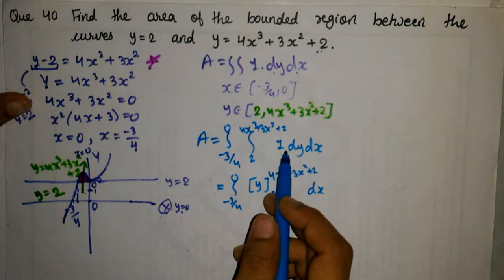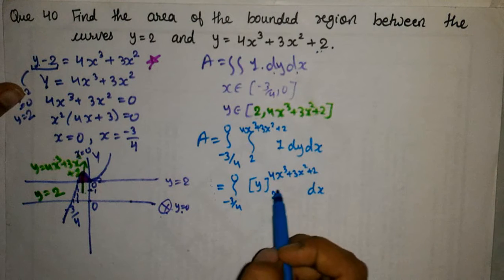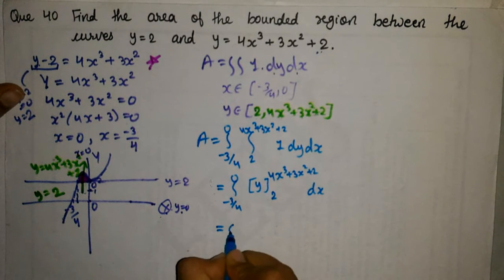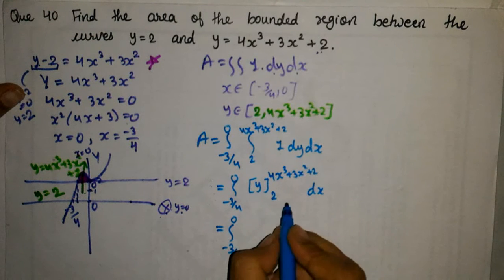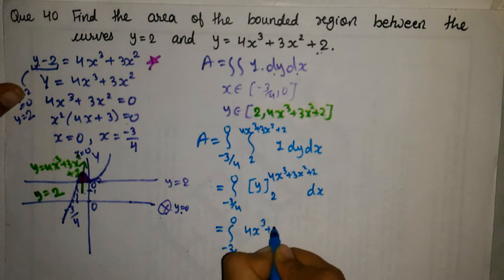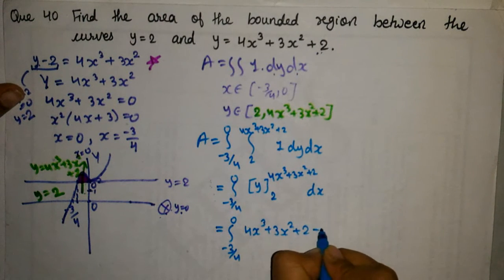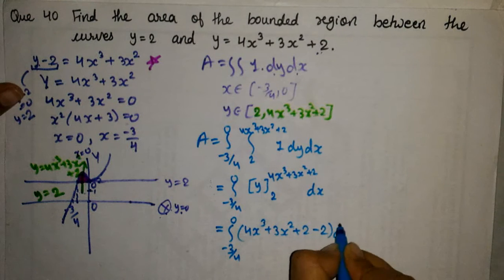You don't need to integrate 1 every time. You can directly write upper limit minus lower limit. But if you are a beginner, then make sure you write this whole step so that you don't make a mistake. So now, upper limit minus lower limit into dx.